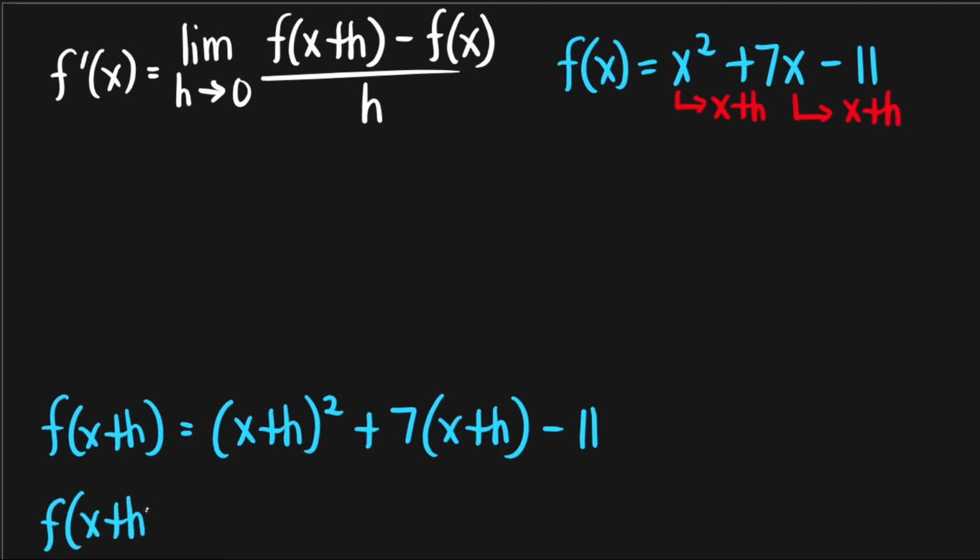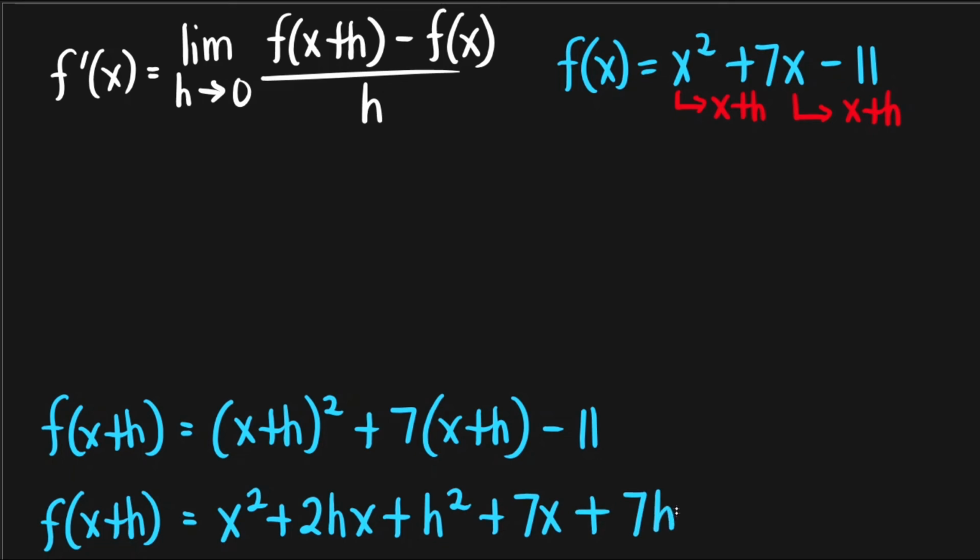Let's try to simplify this function. X plus h squared is equal to x squared plus 2hx plus h squared. 7 times x is 7x. 7 times h is 7h minus 11. Let's plug in these values to our formula.